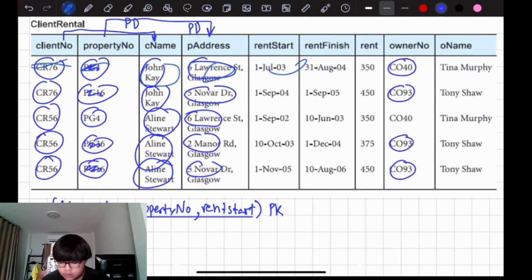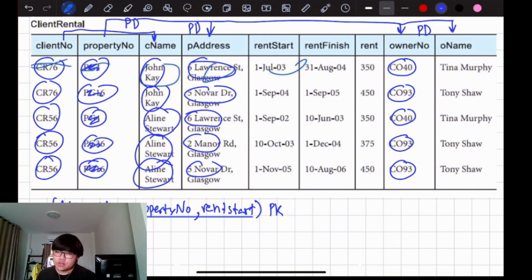PG36 can tell CO90, just one value. PG4 can tell CO40. So here owner number is a partial dependent, and owner name has the same, it is a partial dependent too.